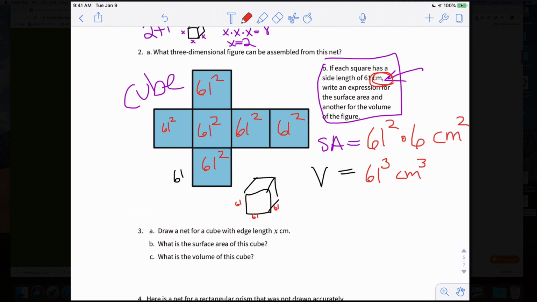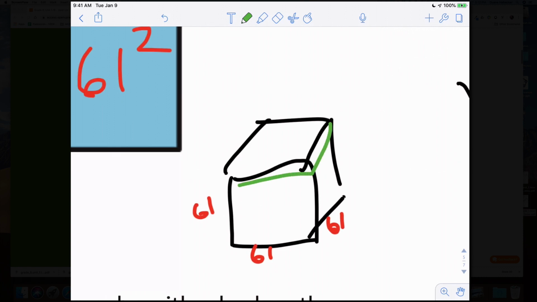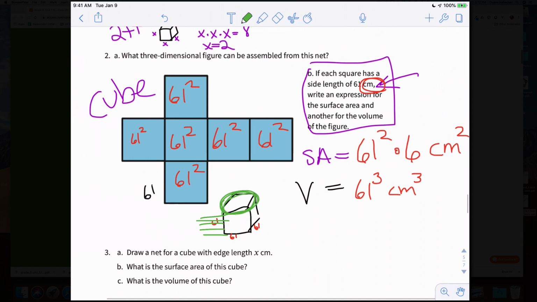All right, because 61 times 61 tells you the top row, top layer, and then we have 61 layers, so 61 times 61 gives you the top layer, times 61 tells us how many layers there are altogether. So that's our 61 cubed.